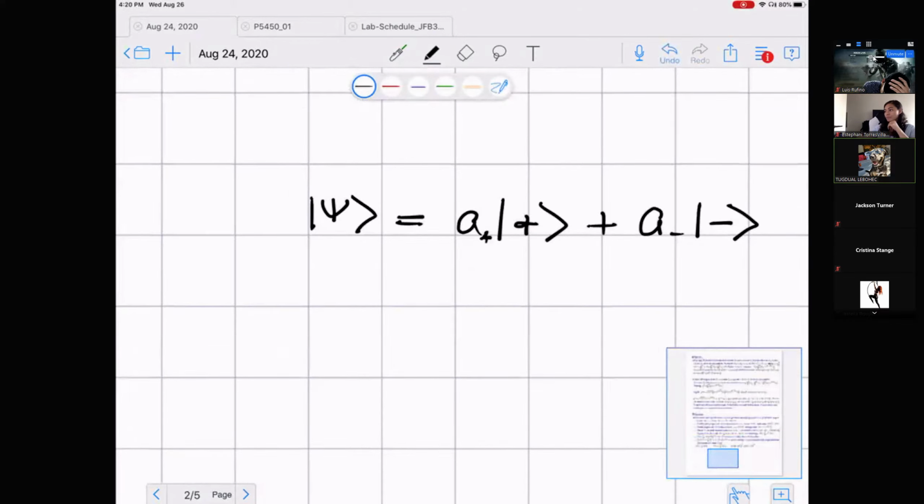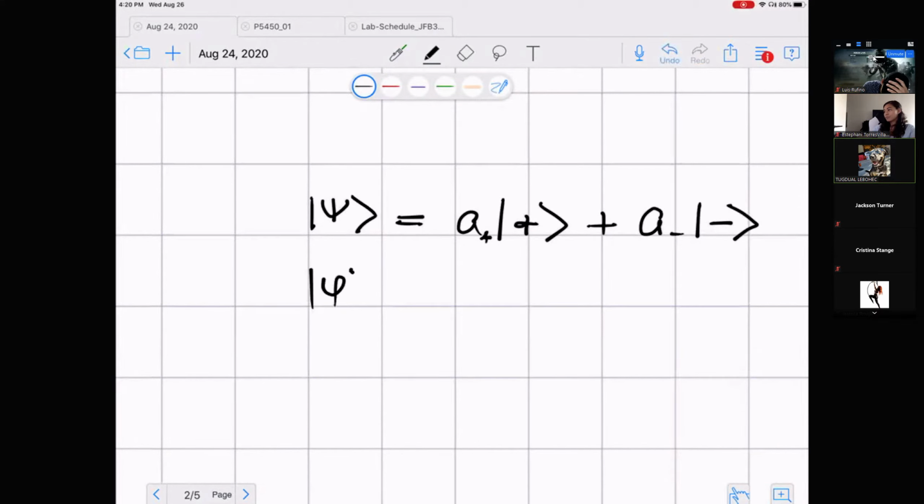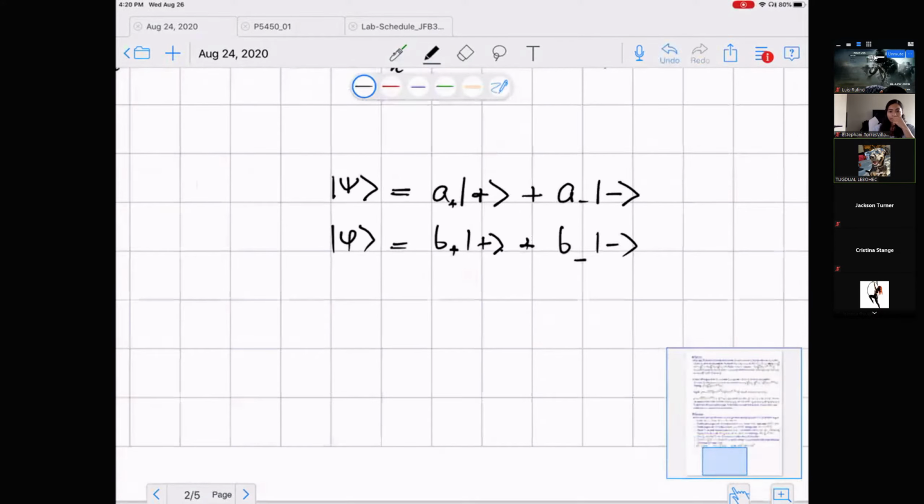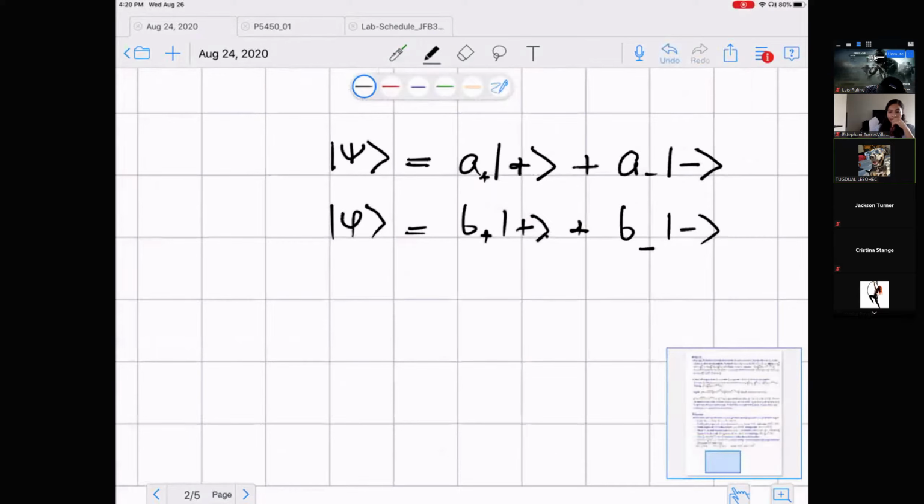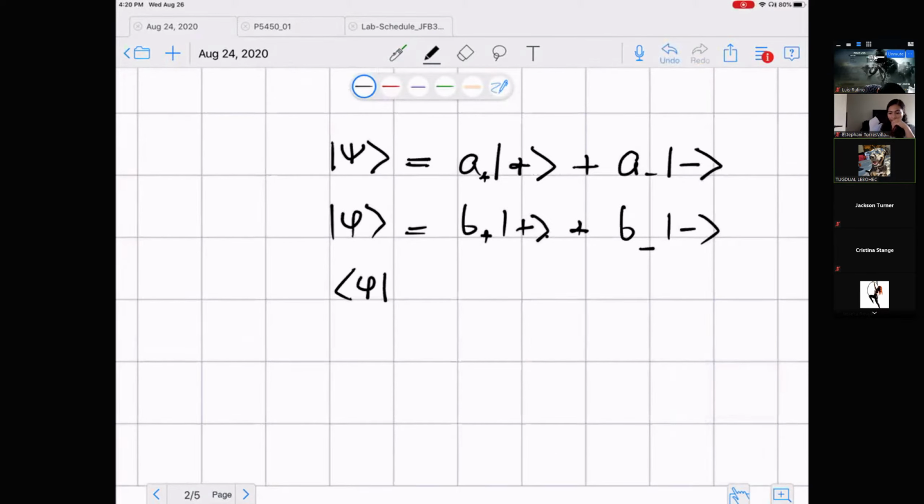And I have phi equal to b plus, plus, b minus, minus. Now we have seen that the bra phi is going to be equal to b plus star, plus, plus b minus star, minus, right?